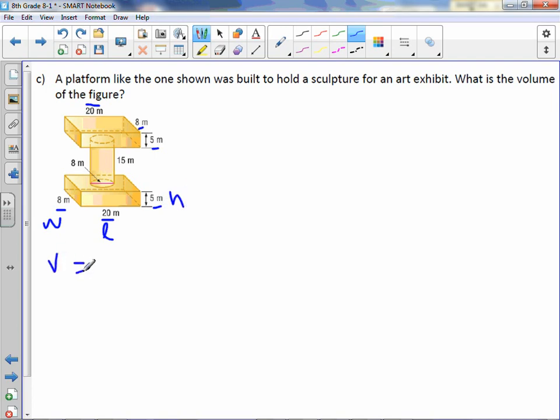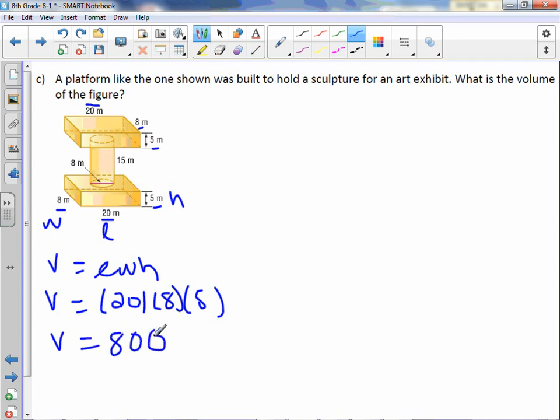So volume equals length times width times height. Volume equals 20 times 8 times 5. Volume equals 800. That's just for one of them though, and there are two of them. So I'm just going to multiply that by 2 and get 1,600 as the volume for those two.